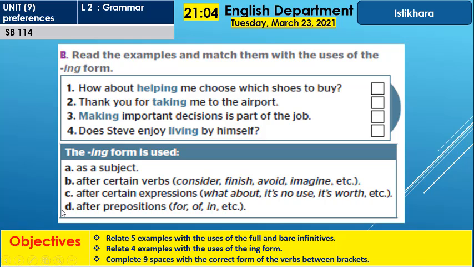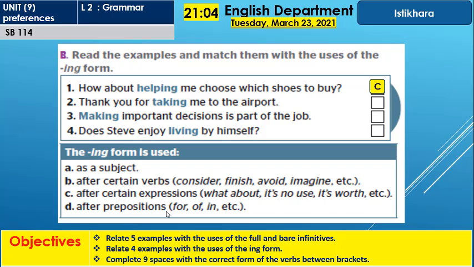And the last one, after prepositions like in, of, and for. Let's do it. How about helping me choose the shoes to buy? How about helping me? Yes, it's after some expressions like what about and how about.